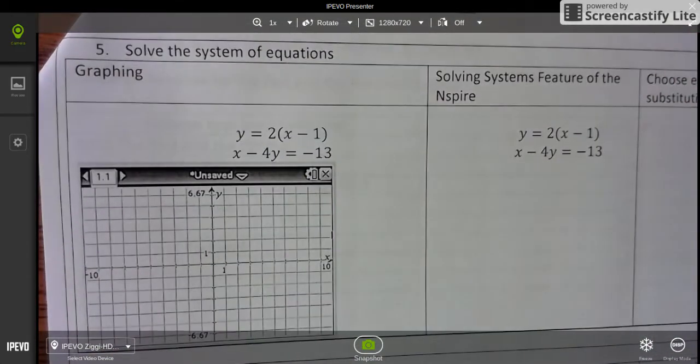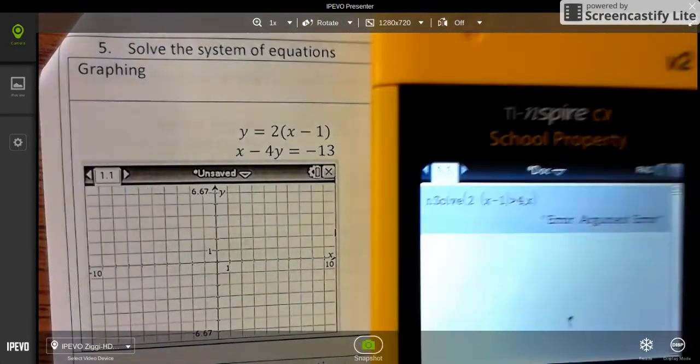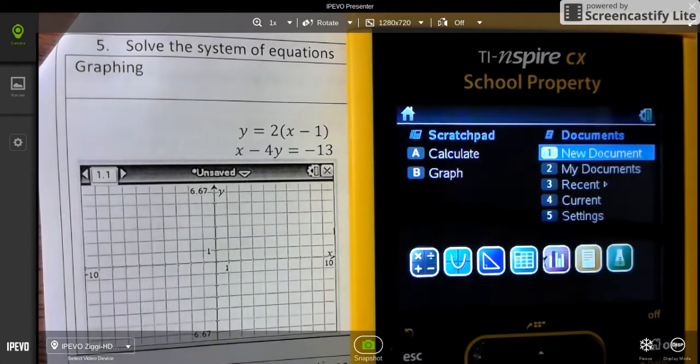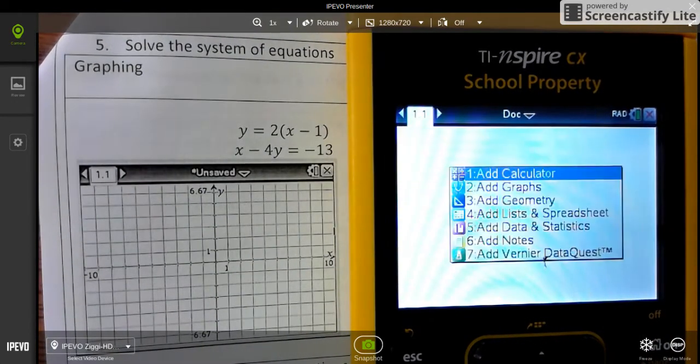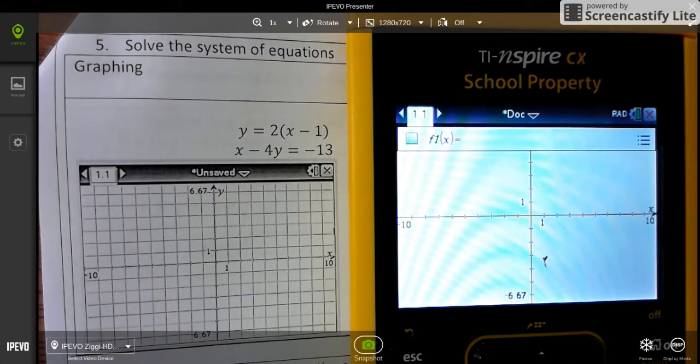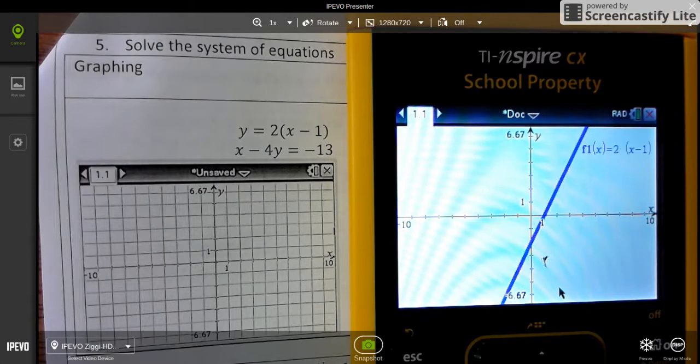All right, number 5. To graph number 5 using the calculator, you're going to go to On, New Document, No, and Add Graph, and you're going to type in the equation. Now, you see y equals on the paper and f of x on the calculator. Y equals and f of x are the same thing. So you can type in 2 parentheses x minus 1, enter.